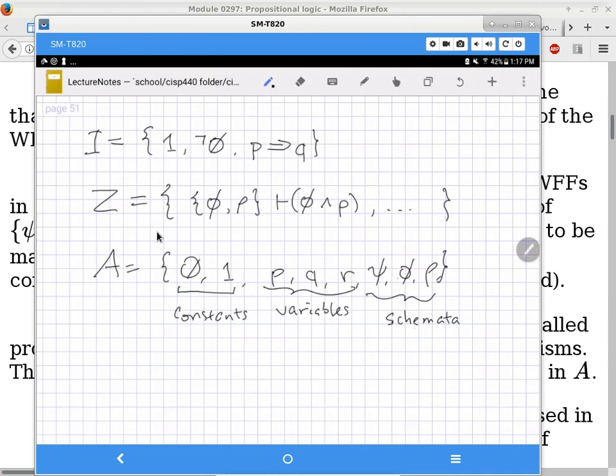Okay. So variables can match constants. Right. Schemata can match well-formed formulae. So basically it is the placeholder for a well-formed formula. P, Q, and R, you can kind of look at those as placeholders for constants. Right. Constants, well, if they're not placeholders of any kind, they're concrete.